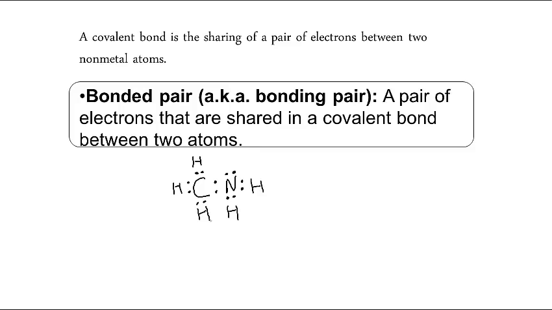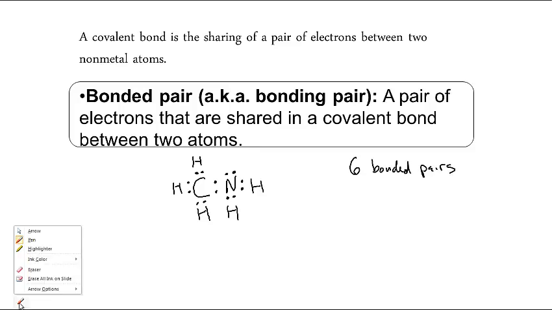So bonded pair. This is a pair of electrons shared. How many bonded pairs are present in this molecule, CnH5? Think to yourself, how many bonded pairs? That's right, there are 6 bonded pairs.